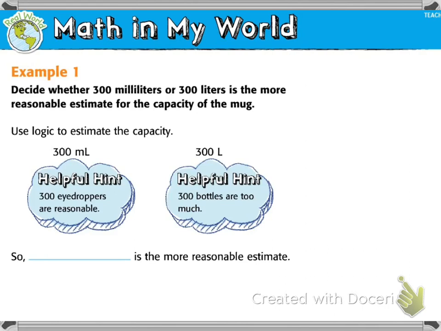Okay, so we need to use logic to estimate the capacity. 300 milliliters. Helpful hint, 300 eyedroppers are reasonable. Okay, 300 liters. 300 bottles are too much. So 300 milliliters is the more reasonable amount for a mug.